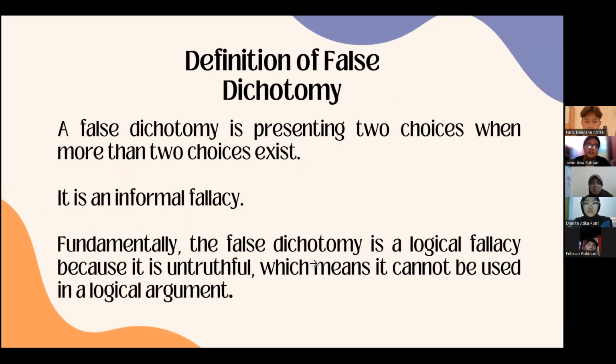Okay, so what is false dichotomy? So false dichotomy is a logical fallacy where someone presents two choices when more than two choices exist. It is based on a premise that erroneously limits what options are available.